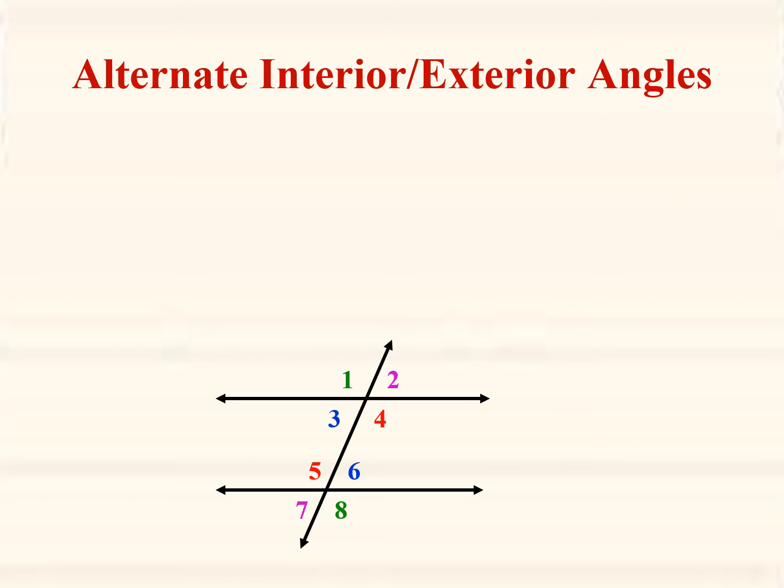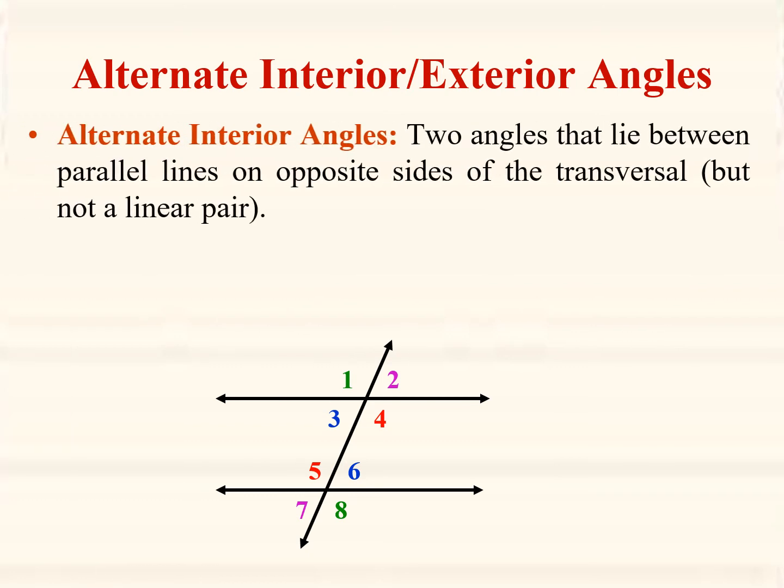Now let's move on to alternate interior and exterior angles. Alternate interior angles are two angles that lie between parallel lines on opposite sides of the transversal, but not a linear pair, okay? So 3 and 6 is one pair of alternate interior angles, and the other one is 4 and 5.